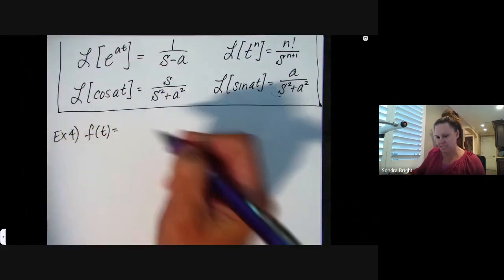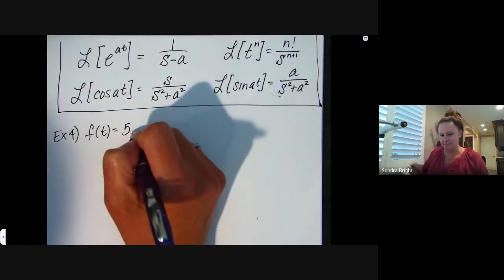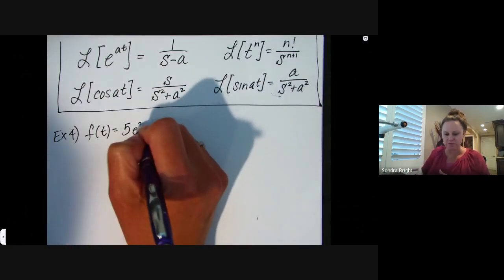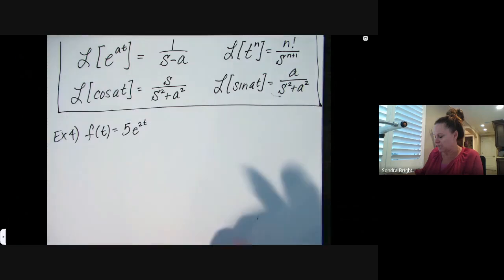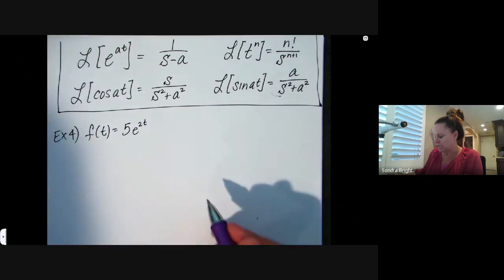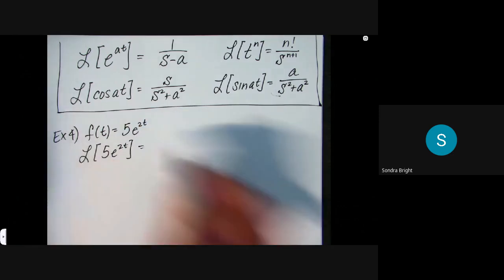If f of t is 5e to the 2t, and what do we want? We want to find the Laplace transform. All right, well, the Laplace transform will end up being, so L of 5e to the 2t will be, it's a linear transformation.